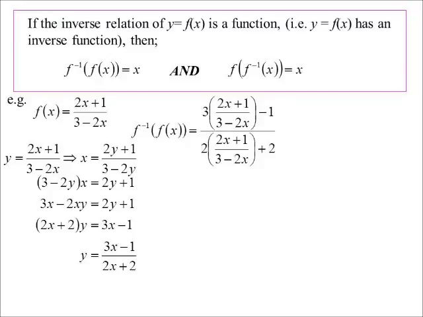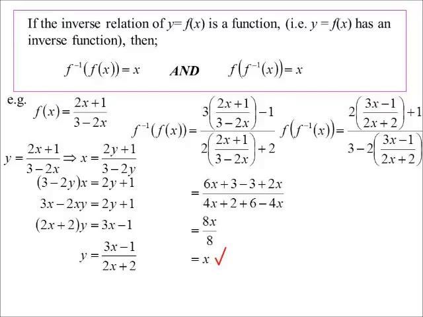Well, again, bit of algebraic manipulation, but yeah, we end up with x. And the reverse should work. If I substitute the inverse, so now everywhere I see x in the original function, I'm going to replace it with the inverse, (3x minus 1) on (2x plus 2). If I expand that one all out, yep, I get x.